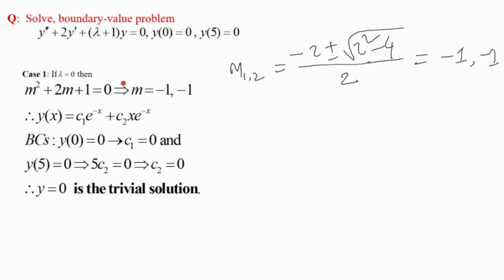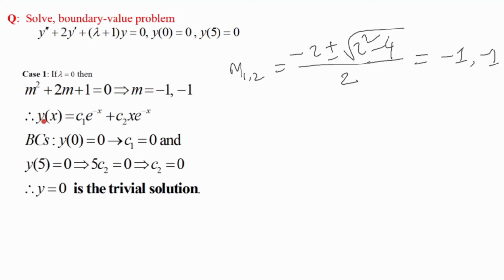The first case, lambda equal to 0. When lambda equal to 0, we get the equation y double prime plus 2y prime plus y equal to 0. In this case, our auxiliary equation becomes m square plus 2m plus 1 equal to 0. When we solve this quadratic equation, we get m equals minus 1 and minus 1.